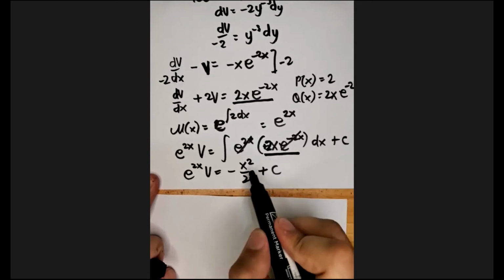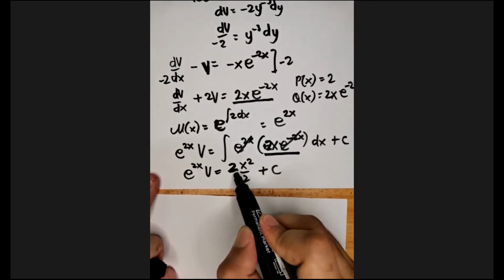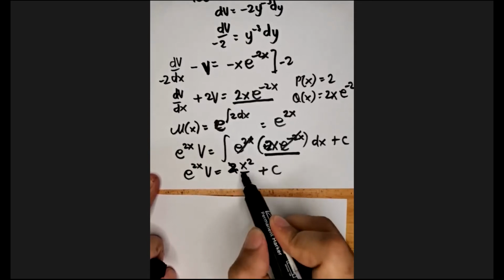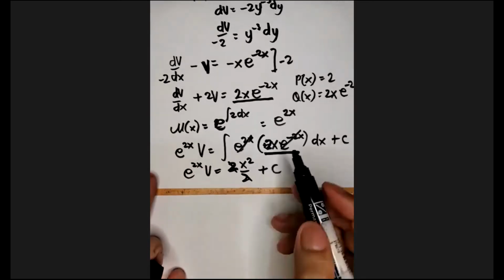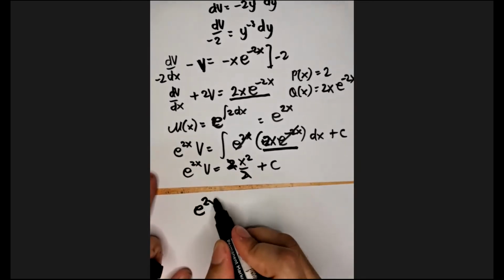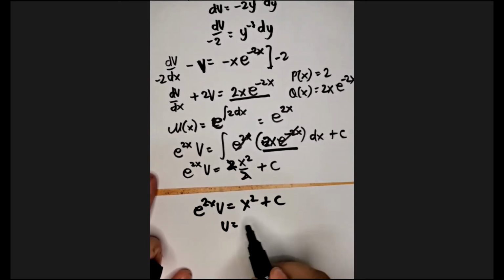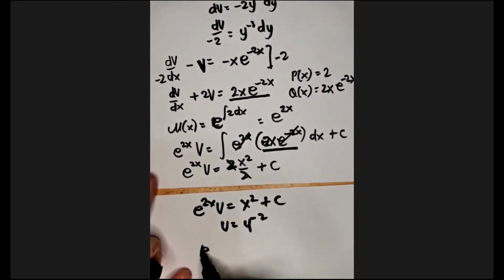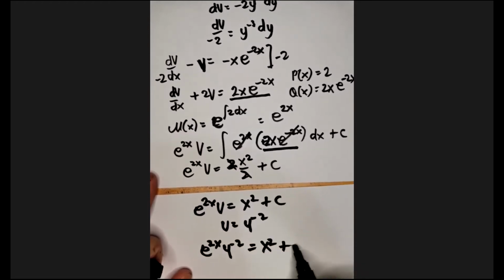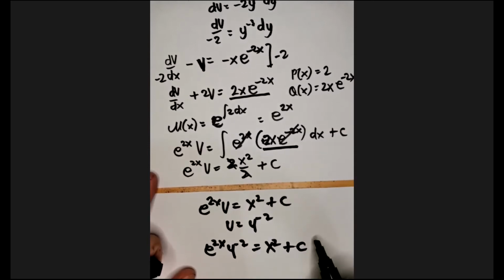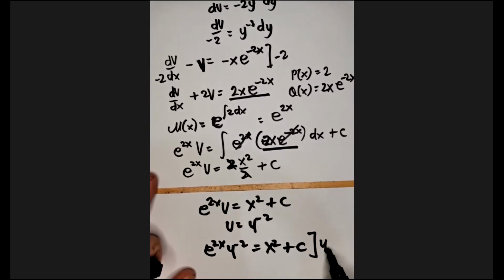Cancel. This is 2x. So that is 2x squared over 2. Cancel. Ayan. So matitira ay e raised to 2xv is equal to x squared plus c. But v is y raised to -2. So e raised to 2x, y raised to -2 is equal to x squared plus c. Ayan. We want to multiply it by y squared.